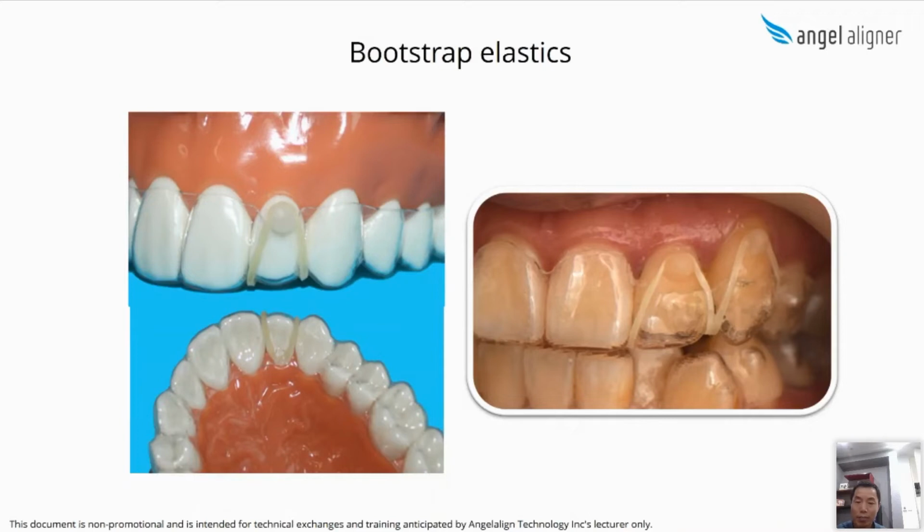The elastic places force on the tooth, which extrudes it back into the aligner. We make sure that the contacts mesial and distal of these teeth are loose, so they have very mild space for the tooth to extrude.